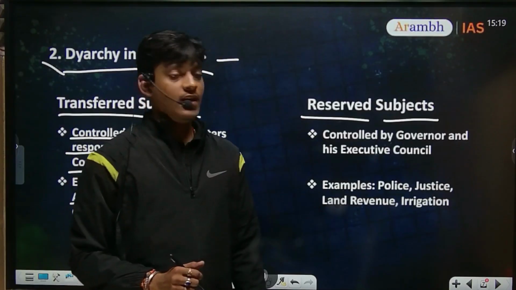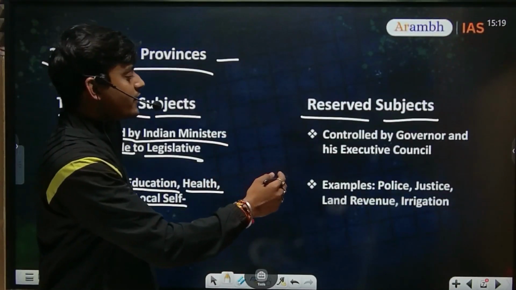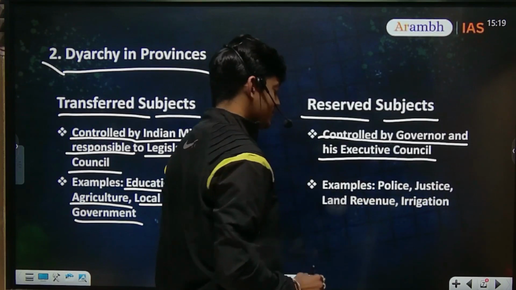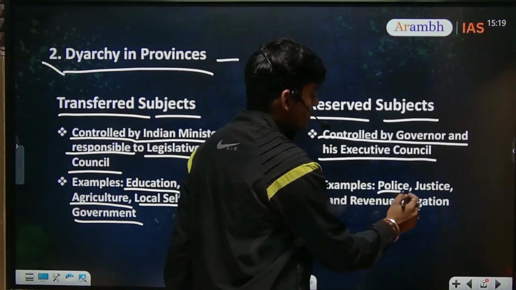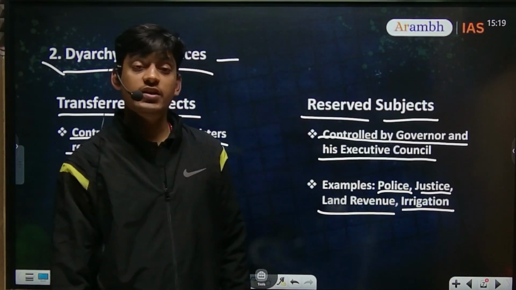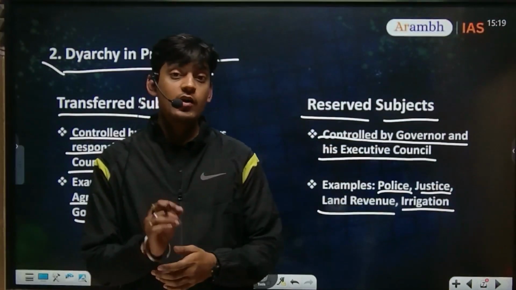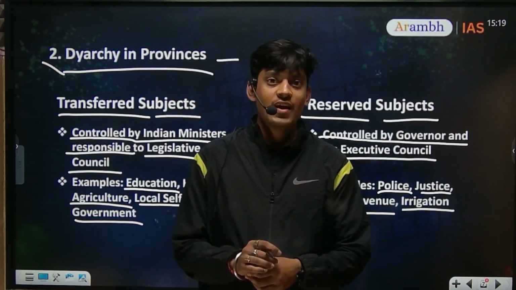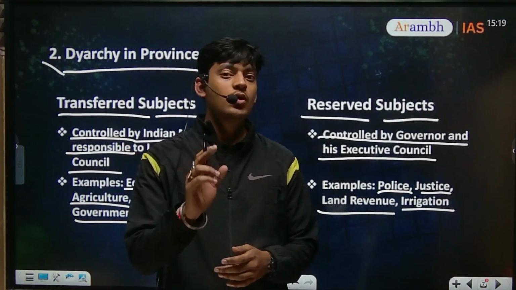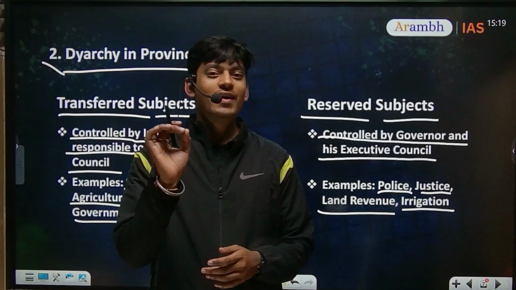And the reserved subjects were controlled by the governor and his executive council. Examples are police, justice, land revenue, and irrigation. So the Indian ministers handled nation-building subjects, but the governor had veto power and could overrule them. Remember, diarchy was only in provinces, not at the center.